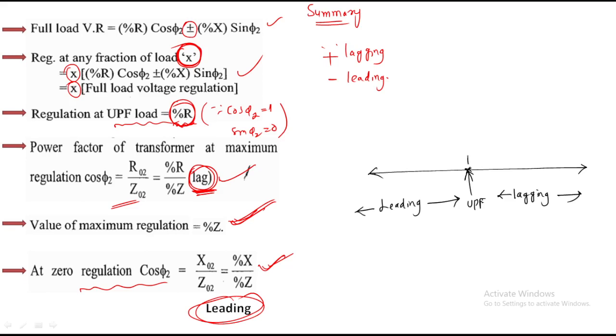Therefore this is 1, this is 0, right? 0.2, 0.4, 0.6, 0.8, like that. 0.8, 0.6, 0.4, 0.2, this is 0. 0 lagging power factor, 0 leading power factor. This is ZPF lead, right? This is ZPF lag. Clear?